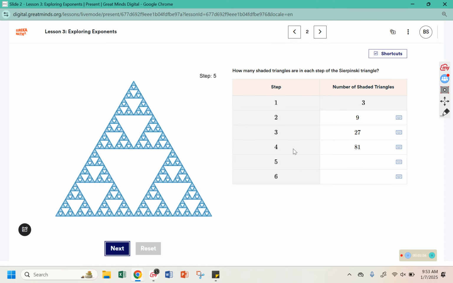In this step, it triples again. 81 times 3. 3 times 1 is 3. 3 times 8 is 24.